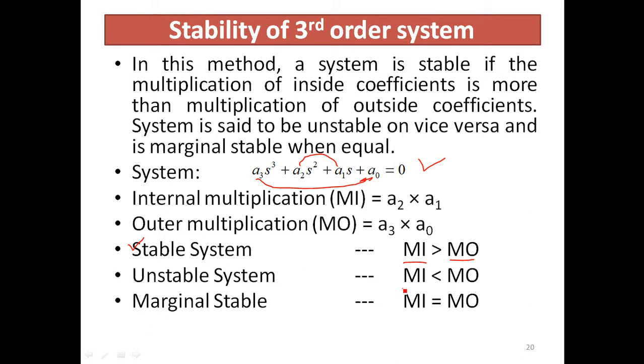If the inside multiplication of coefficients is less than the outside coefficients multiplication, then the system is unstable. And if these multiplications are equal to each other, then the system is said to be marginally stable.